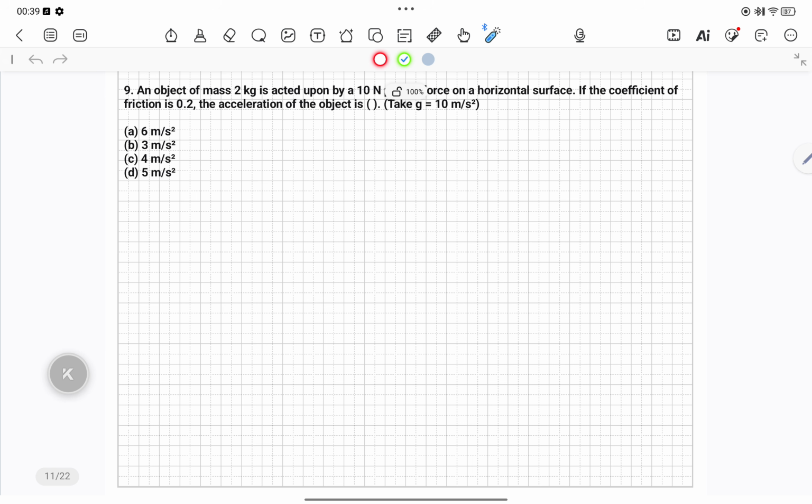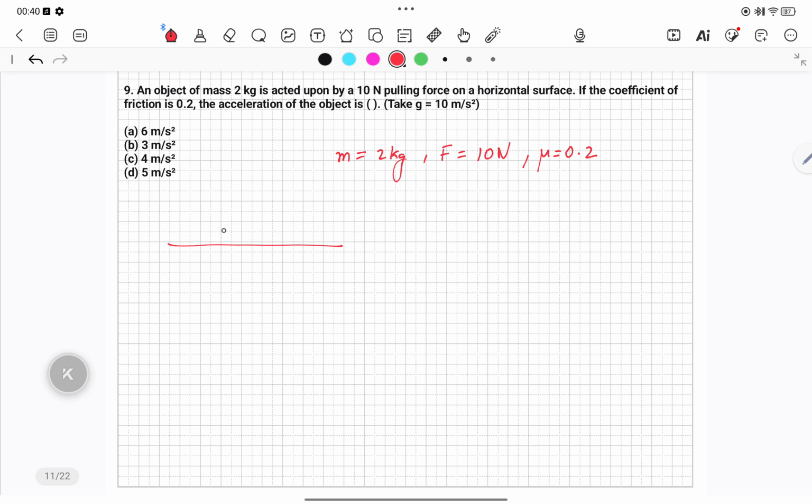Question number 9. An object of mass 2 kg is acted on by a 10 Newton pulling force on a horizontal surface. If the coefficient of friction is 0.2, the acceleration of the object is. Here, the mass of the object is given as 2 kg and the pulling force is 10 Newton. Coefficient of friction mu is given as 0.2 and we have to calculate the acceleration.